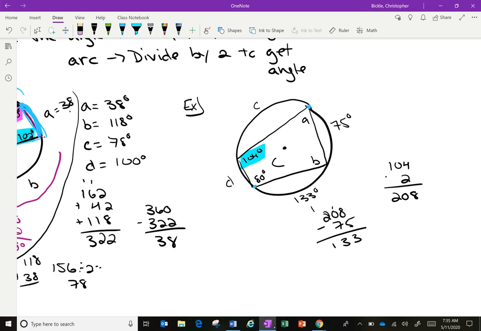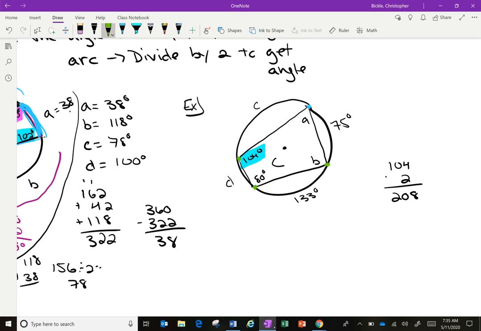Okay, let's keep going. If I know that this angle right here is 80, then I know the arc that goes with this angle, the intercepted arc, and again, diagrams aren't drawn to scale, but the intercepted arc there is going to have to be double as well. So from here, where my 80 degree angle is, I've got one end point there, I've got the other end point there.